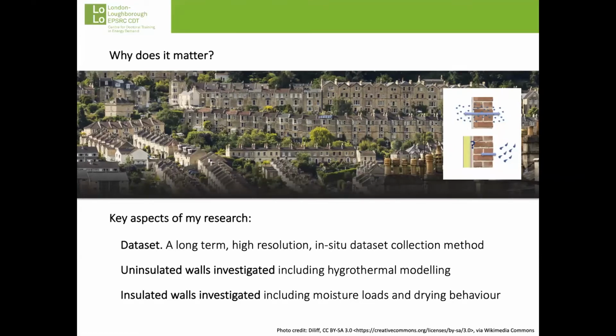So I've created a long-term, high-resolution in-situ data collection and a method that can hopefully be applied to other walls in the future. Today I'm going to introduce some of the uninsulated walls, some of the data that I've looked at, and also show you some plots from the insulated walls, including some preview of what's happened when moisture loads have been added and how those have dried out.